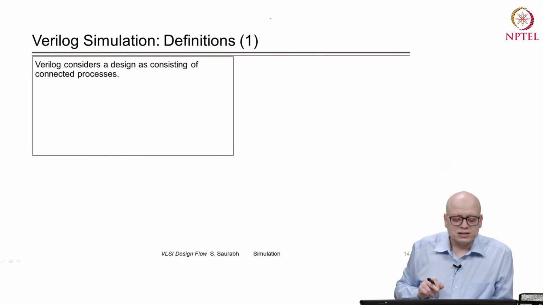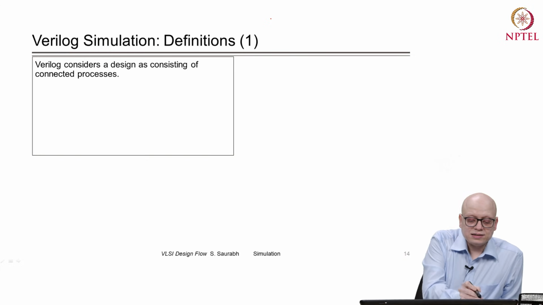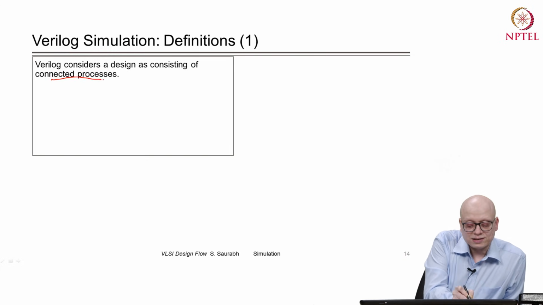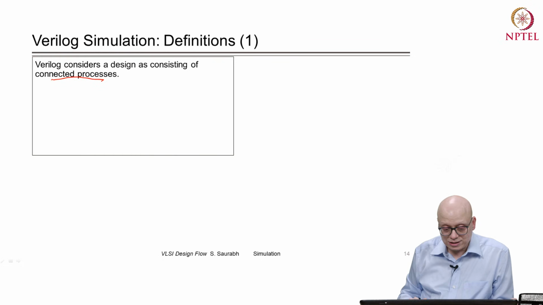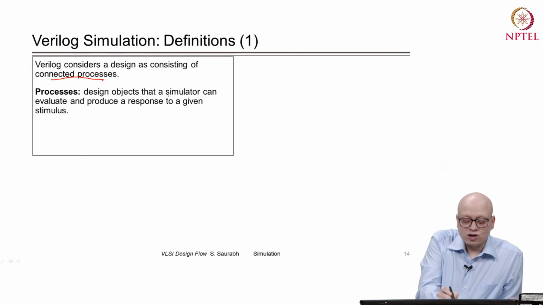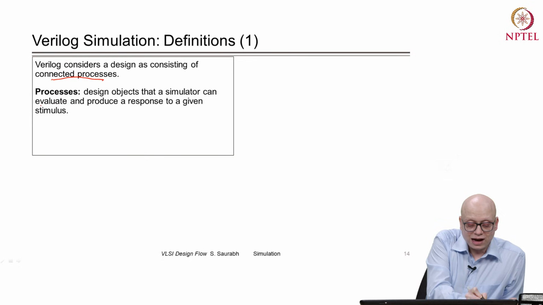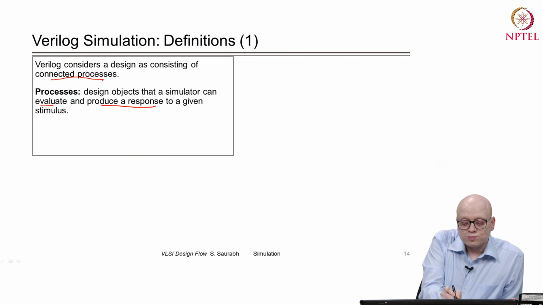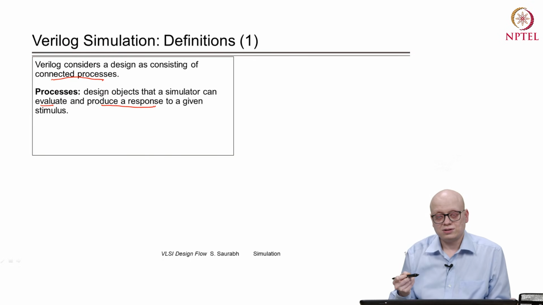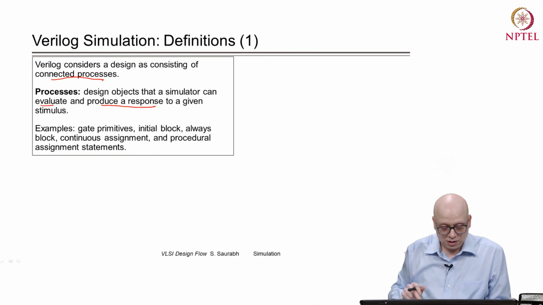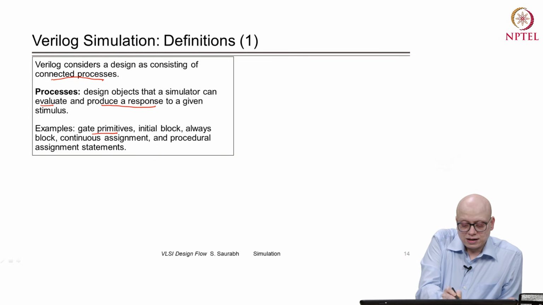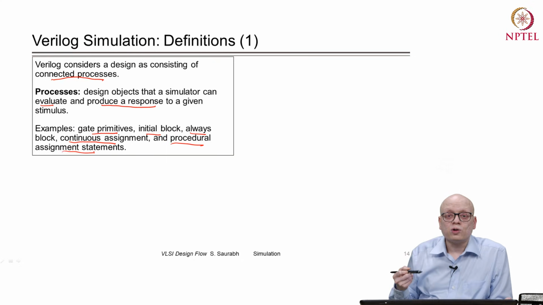Verilog considers a design as consisting of connected processes. And what are processes? Processes are design objects that a simulator can evaluate and produce a response to a given stimulus. For example, the gate primitives, initial block, always block, continuous assignment and procedural assignment statements, these are examples of processes.